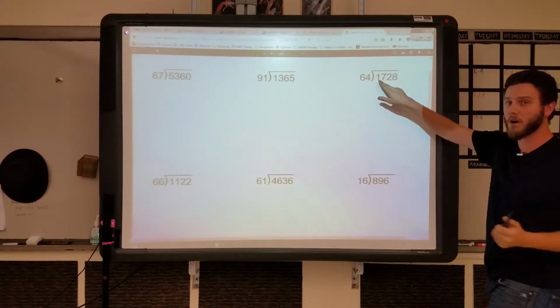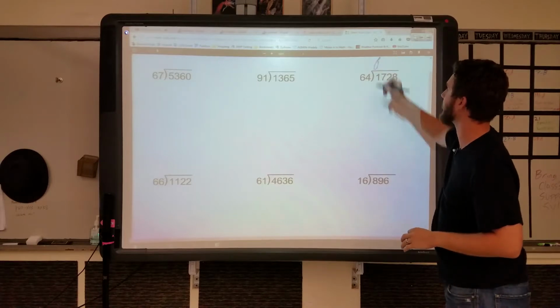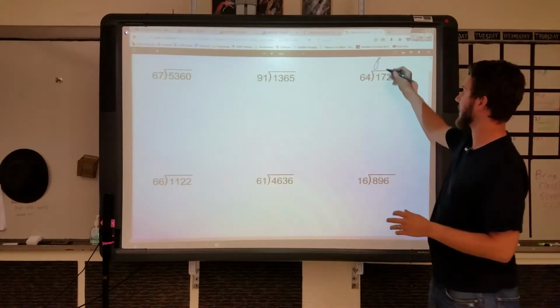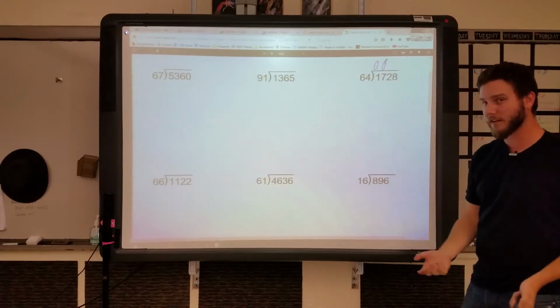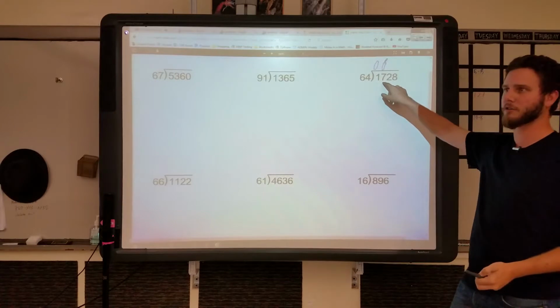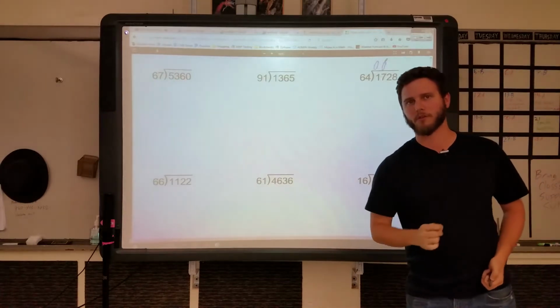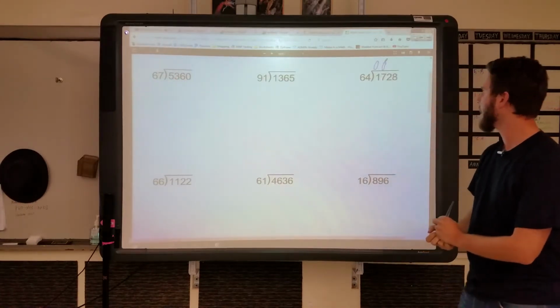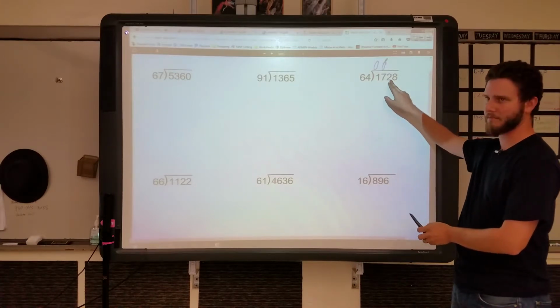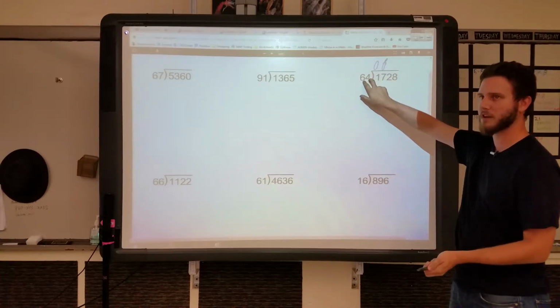64 does not go into 1, so I will indicate that by writing 0. 64 also does not go into 17, and I will indicate that by writing in the additional 0. Now, I know 64 will go into 172, but I'm not entirely sure, so I'm going to have to estimate. I can estimate by saying this is probably about 170. I can say this is about 60.